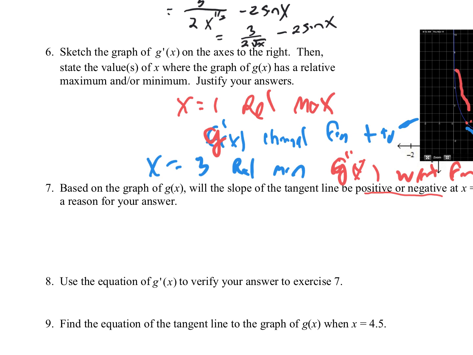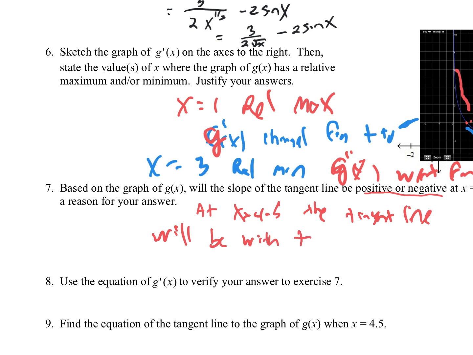Well, I'm going to justify it using the derivative. At x equals 4.5, the tangent line will be with a positive slope, since g prime of x is above the x-axis.